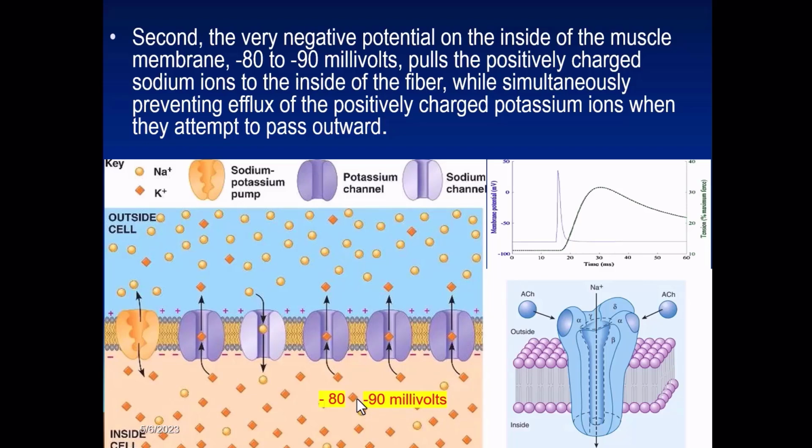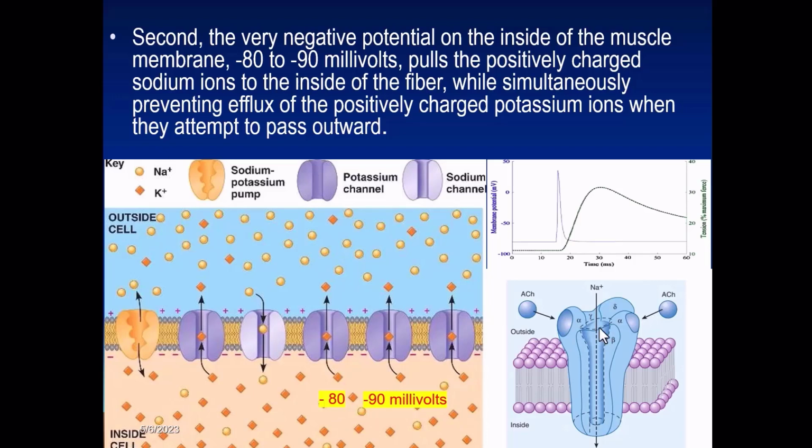This creates a potential. Remember, this potential is not an action potential, but a channel potential, because the sodium is transported through this acetylcholine channel, which is opened by acetylcholine, and the sodium rushes through these channels into the inside of the muscle cell.